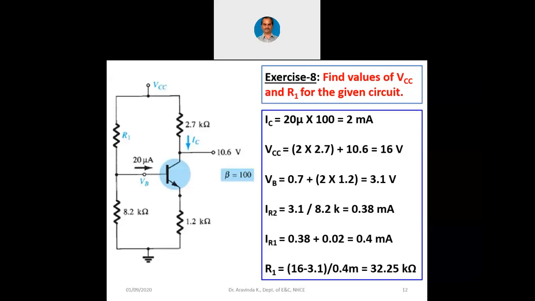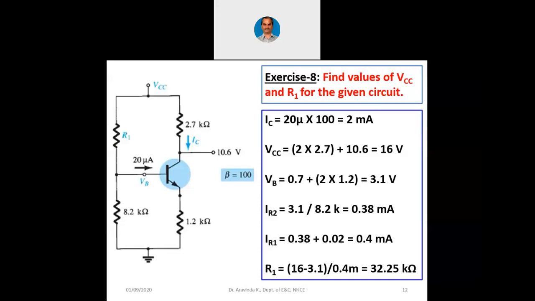And in the common emitter configuration, output current is larger than the input current, because output current is collector current and input current is base current. So there is a current amplification factor within the transistor called beta. And this beta is because of the difference between the area of collector and base.